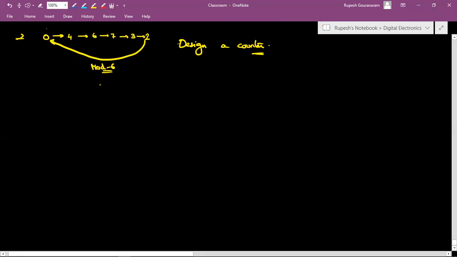See, so this is a mod 6 counter. That means 3 bits are required. Up to 7 it is there, so 3 bits are definitely required. As 3 bits are required, we can understand that 3 flip-flops are required.